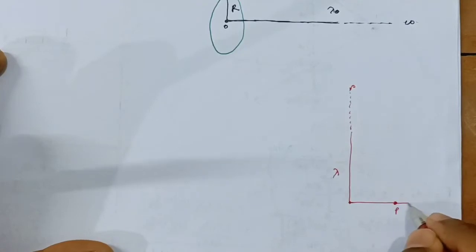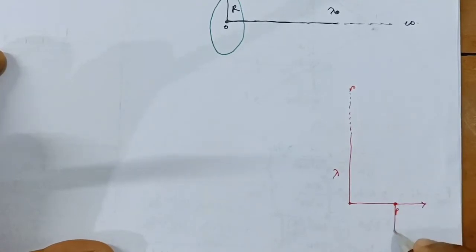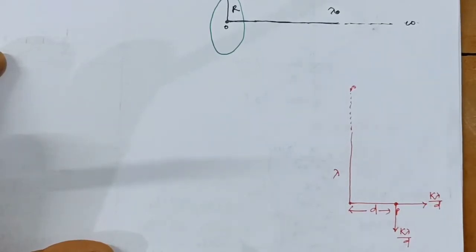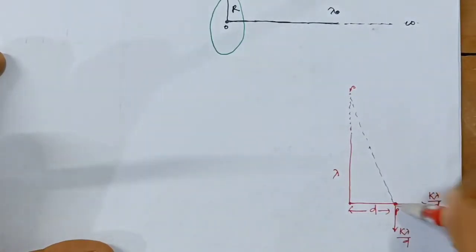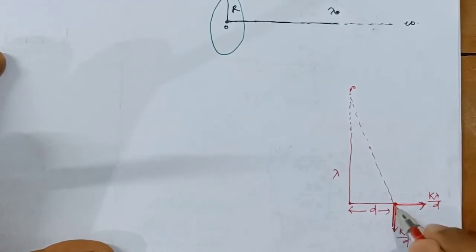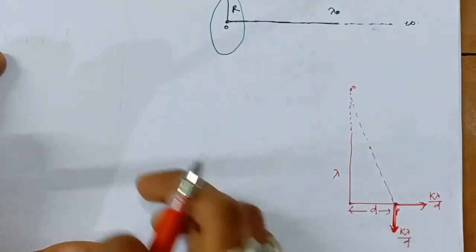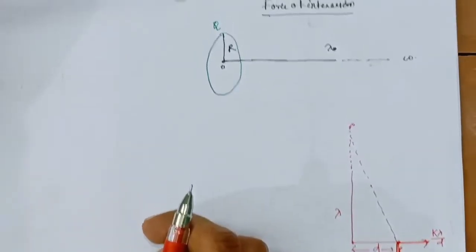There will be two components of electric field, and if I say this distance is d, the expression is k lambda by d in this direction and k lambda by d in the other direction, due to the one-end-infinite rod. One perpendicular component is like this, another parallel component will be like this. Can I use the same concept here?